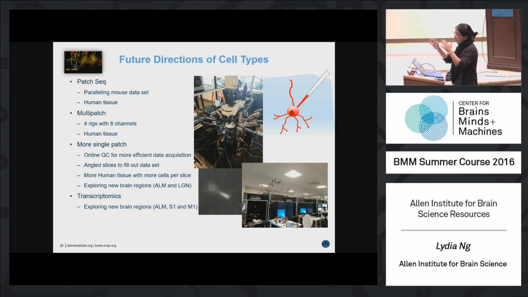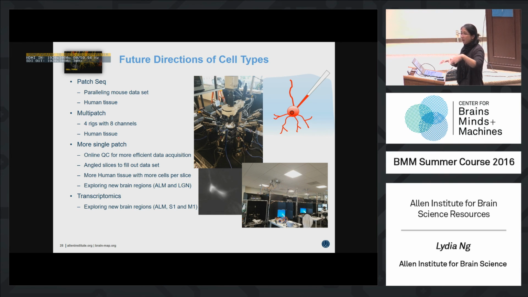Again, you would want to do a taxonomy using the mouse data on its own and using the human data on its own. And then the interesting part is to contrast and compare the data and its organization. We're also working on multi-patch data. Currently we just patch one cell and do a recording in that one cell.